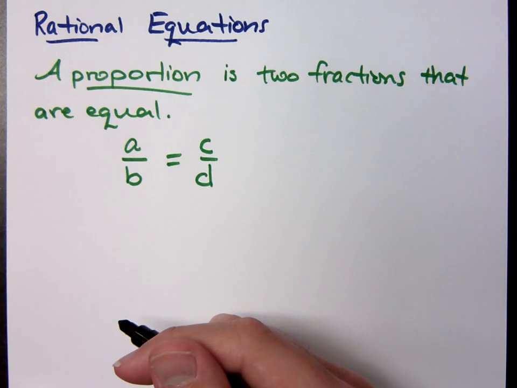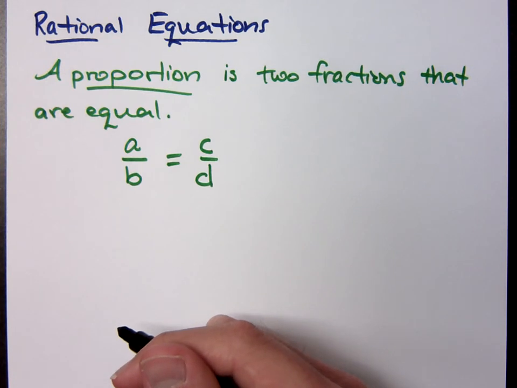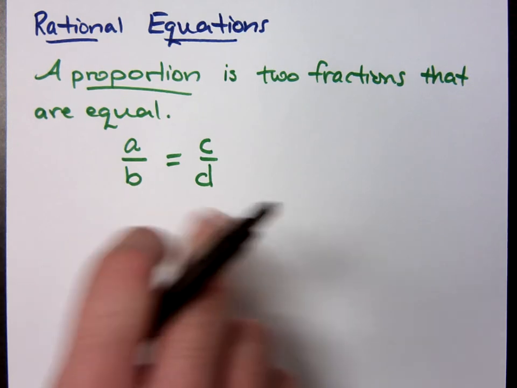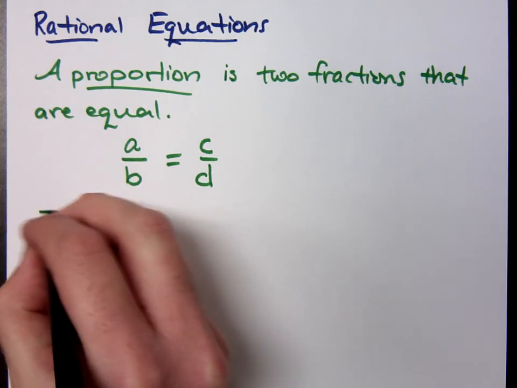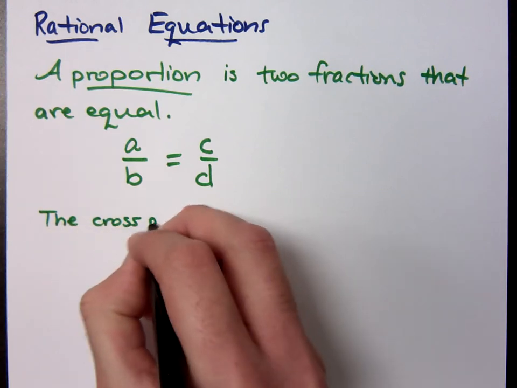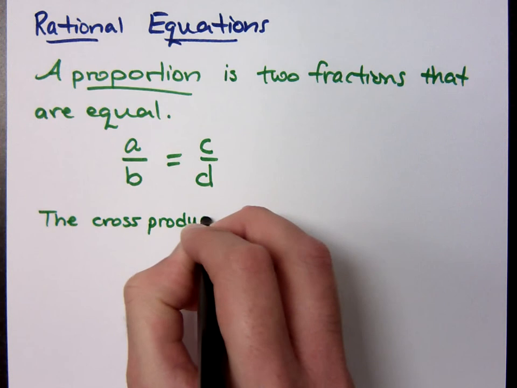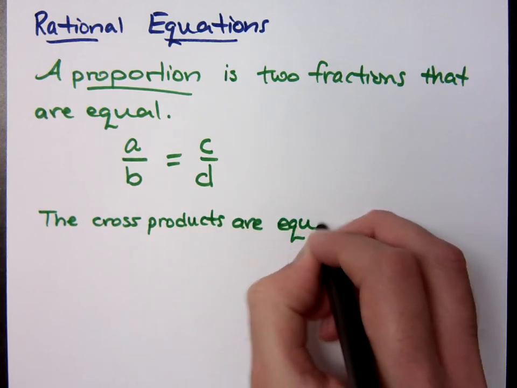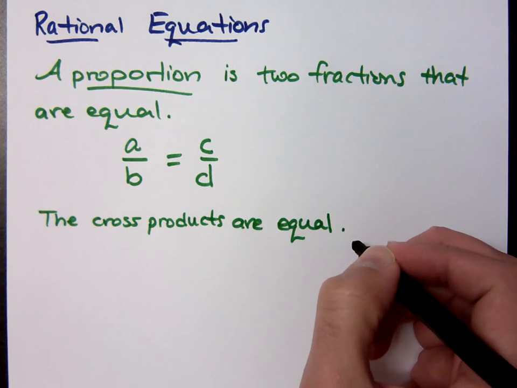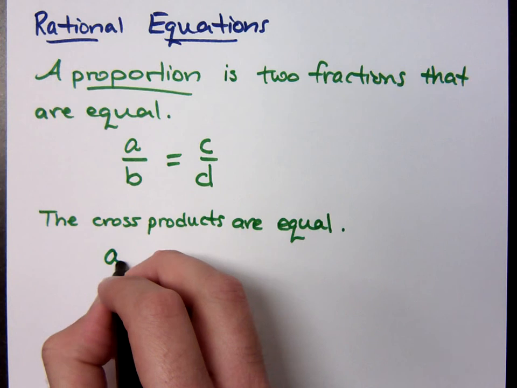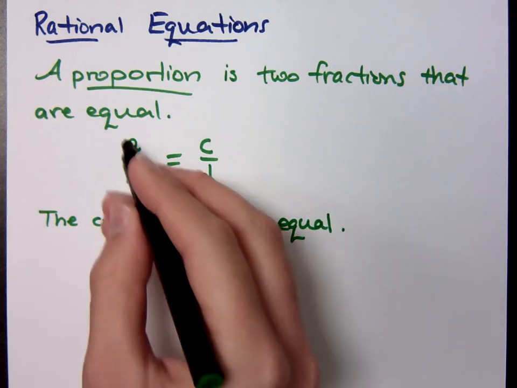Here's something neat that we know about a proportion. If you have a proportion, which means you have two fractions that are equal, then we know that the cross products are equal. Here's what I mean by the cross products. The cross products would be the products going diagonally across the equal sign.